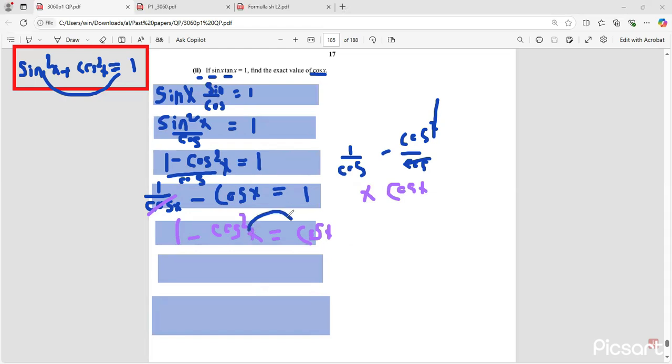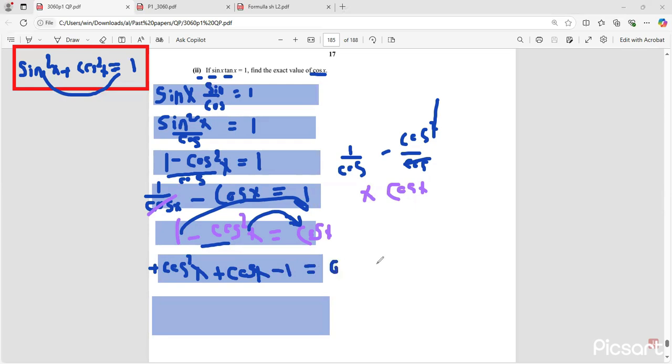I'm going to change the signs just for those, just to make it 0. So instead of negative cosine x, it will be positive cosine squared x, and plus the same sign, cosine x, minus 1 equal to 0.